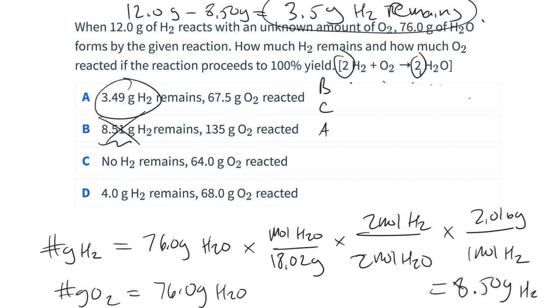The only thing I might do here is just remember that I'm going to want to put moles into the chart. So I'm going to want to take the 12 grams of hydrogen initially present, divide by 2.016 grams per mole, and come up with 5.95 moles here.